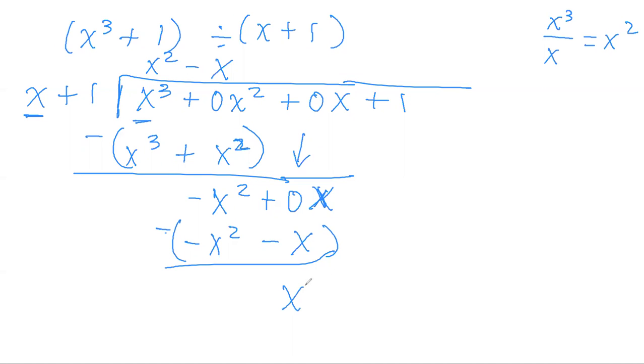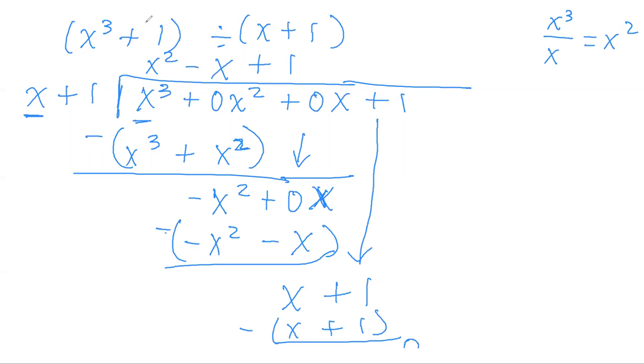So I just get positive x. Bring down my 1, so I get x plus 1. X to get to x, that's just multiplying by 1. So I have minus x plus 1, which is just 0. So this is my answer here, x squared minus x plus x.